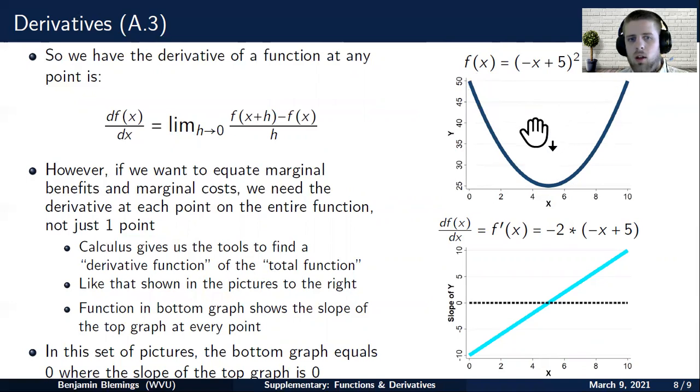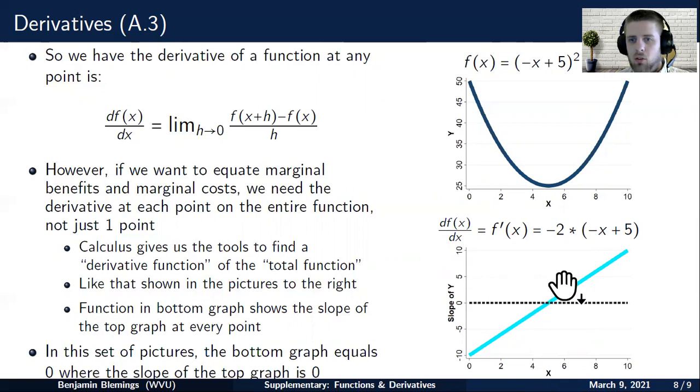And so you should relate that really closely to the graph on the bottom, where the slope of y we can see is negative, but it's getting less negative until we get to 5. And then right at 5, the slope is 0, right? The slope is 0 here too. And then once we get above 5, the slope is positive again.